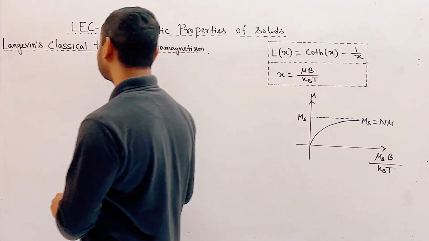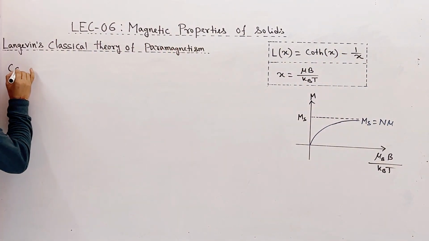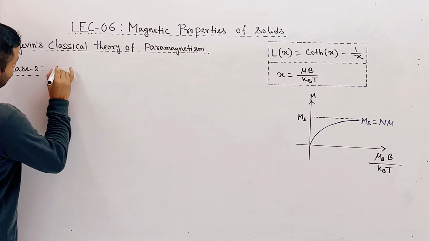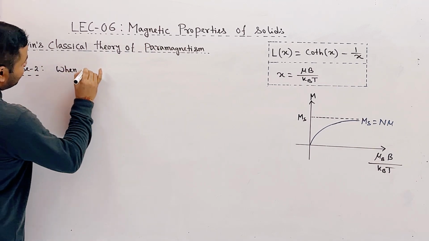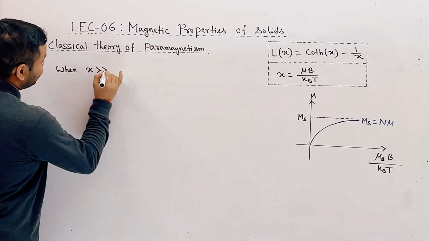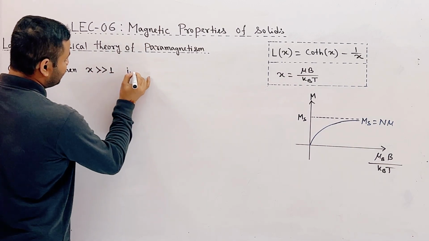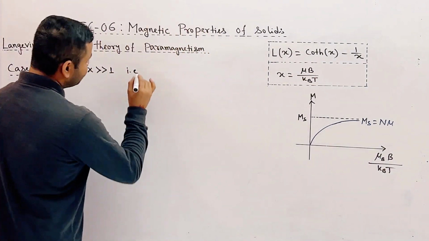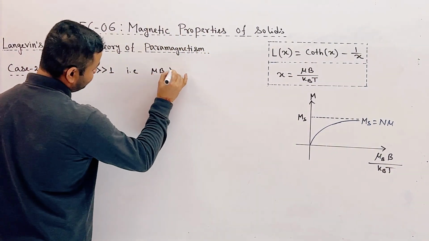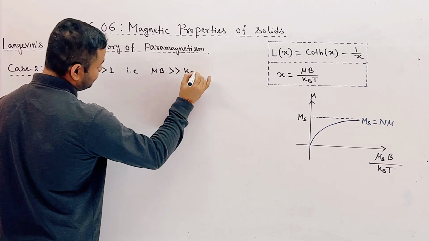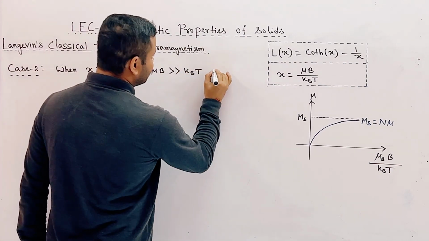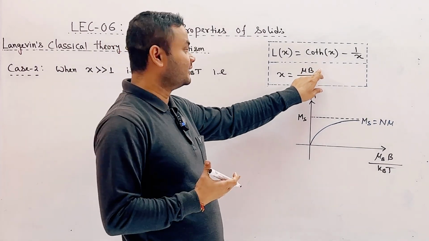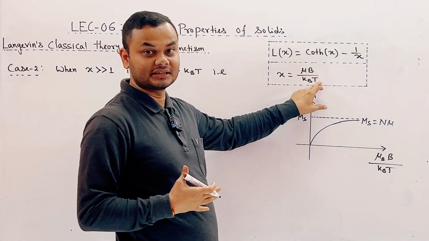Let us discuss case number 2. When x is very greater than 1, that is mu B is very greater than kBT. In other words, strength of magnetic field is very high and temperature is very low.